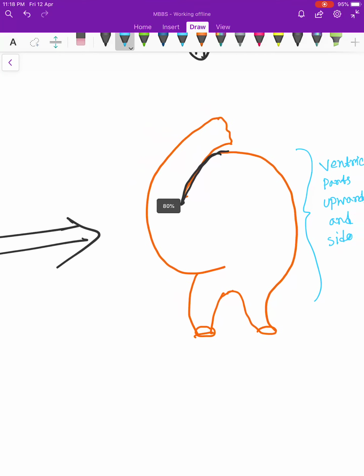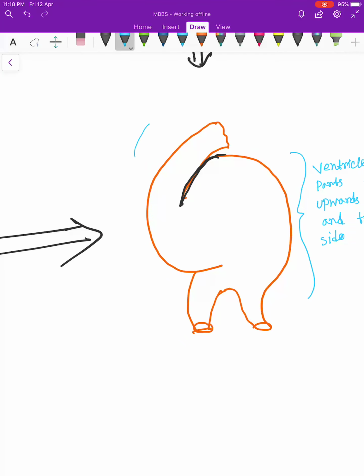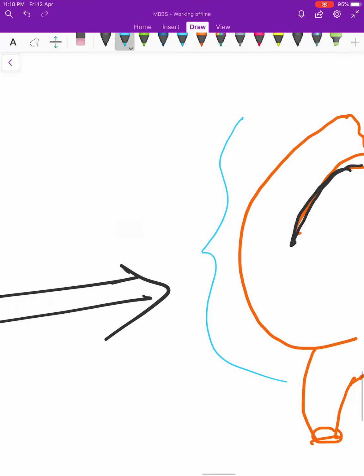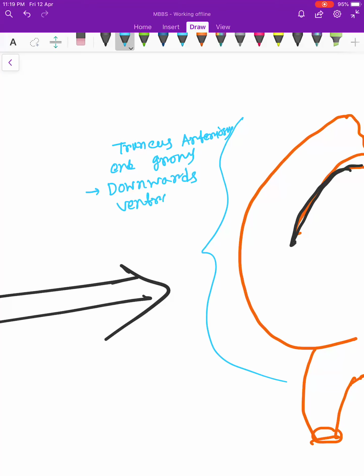First write it, then I will try to understand this. Okay, then what? Truncus arteriosus end grows downwards, ventrally and to the right.